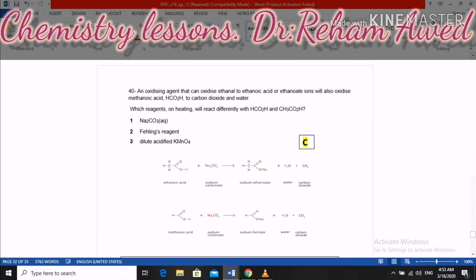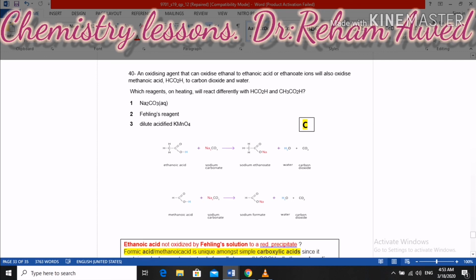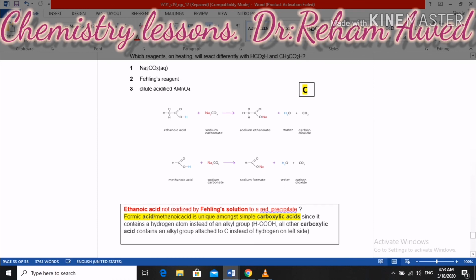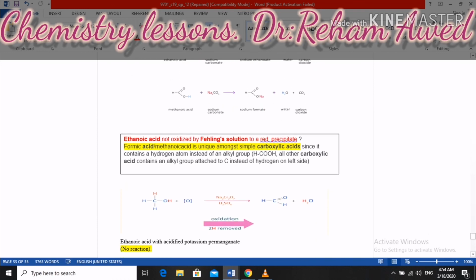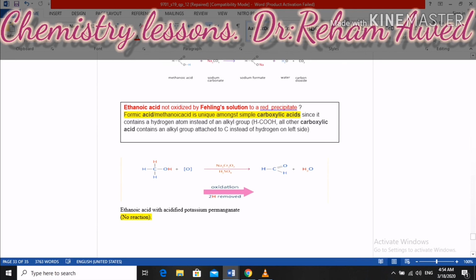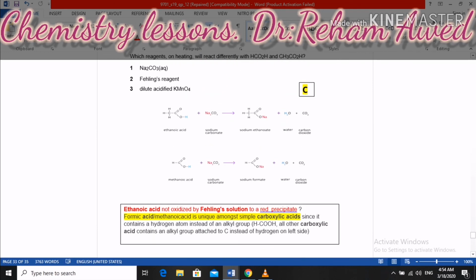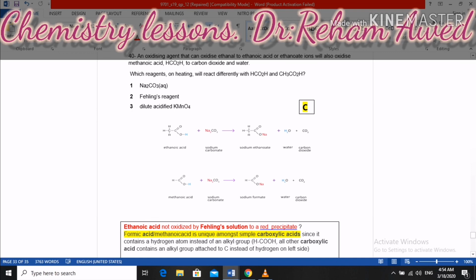Fehling's reagent will react with methanoic acid and won't react with ethanoic acid. And dilute acidified potassium permanganate will react with methanoic acid only. So of course we can distinguish between them by using Fehling's reagent and dilute acidified potassium permanganate. So we take choice C.